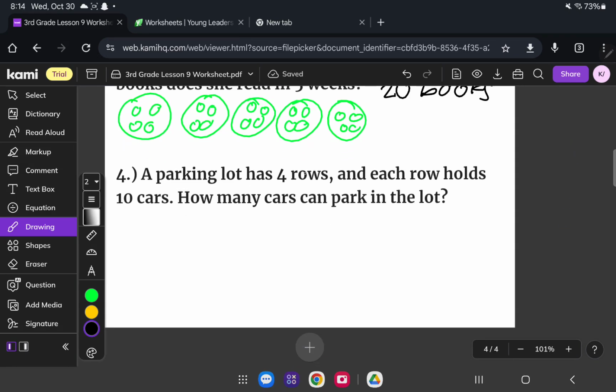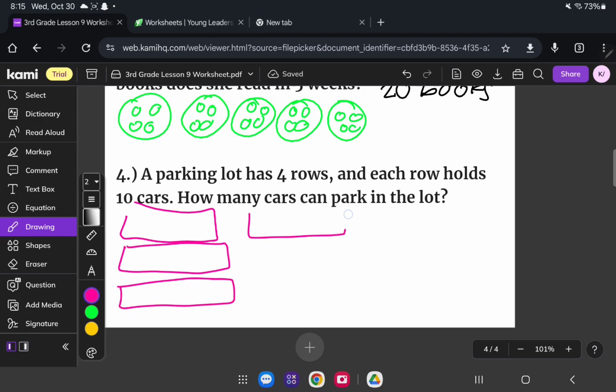A parking lot has 4 rows, and each row holds 10 cars. How many cars can park in the lot? Right here, it's asking for the total of cars, and we know that it has 4 rows, so 1 row, 2 rows, 3 rows, and then 4 rows. And each row holds 10 cars. So 1, 2, 3, 4, 5, 6, 7, 8, 9, 10.